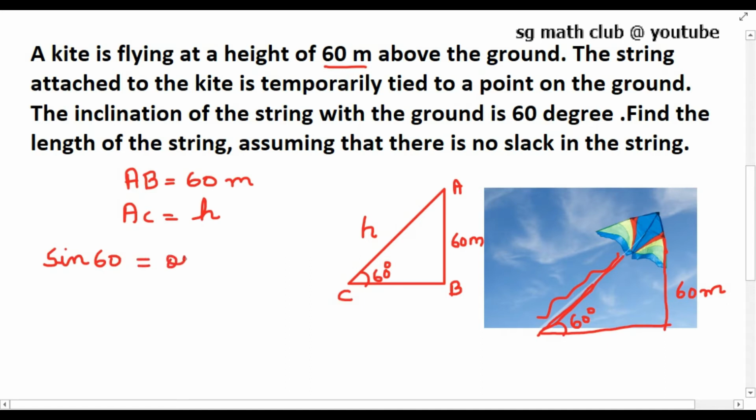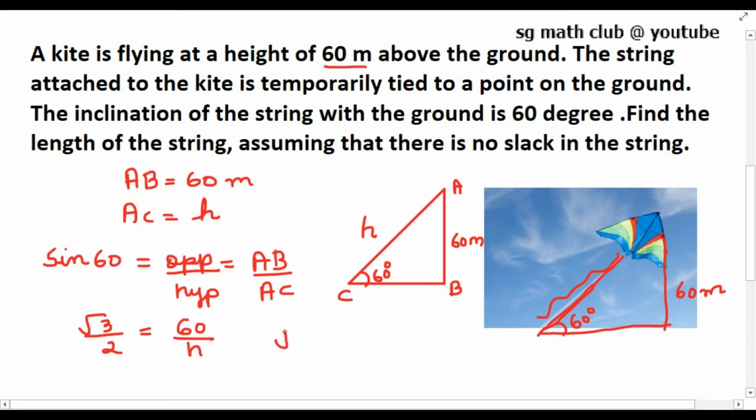Sine 60 is equal to opposite side by hypotenuse. Opposite side is AB, hypotenuse is AC, and the value of sine 60 is root 3 by 2. So opposite side is 60, hypotenuse is h. So we can write root 3 h equal to, cross multiply, 60 into 2, or h equal to 60 into 2 which is 120 divided by root 3.